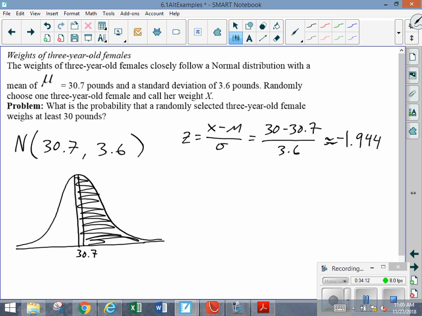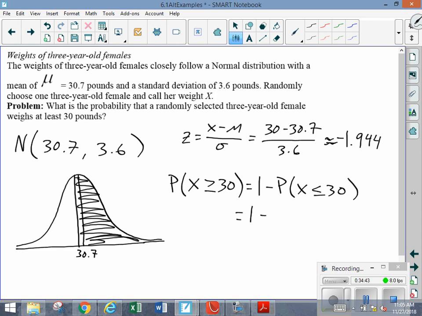So the shaded area is 0.109. So now I'm going to use the same notation that we use. We're going to say the probability that x is greater than 30 is actually the same as 1 minus the probability that x is less than 30, right? Because that's really what we just got.